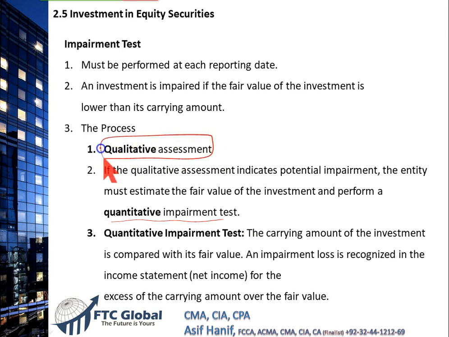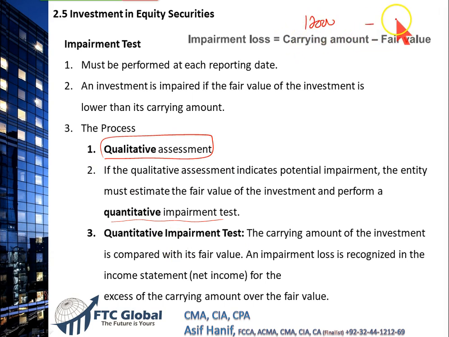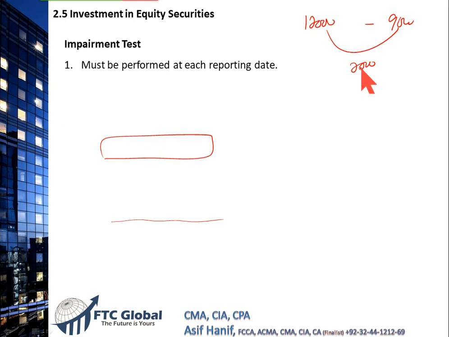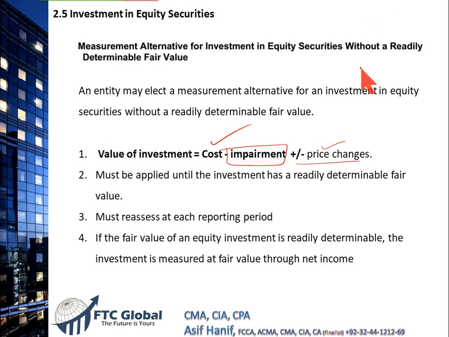Discussed a little while earlier. And the quantitative assessment is done using this: you compare the carrying amount with the fair value. The difference between these two is called the impairment loss. Now we have the idea how to report these. Initial cost was $12,000.